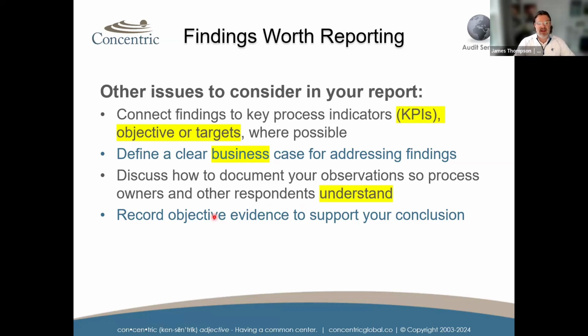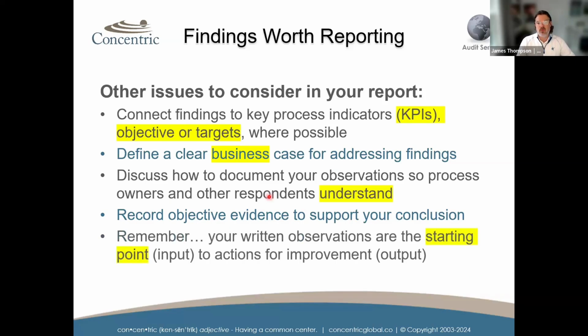But you definitely want to have objective evidence to support whatever your finding is. Remember, your written observations are the starting point or inputs to actions for improvement or outputs there. And I've discussed that a few minutes ago.